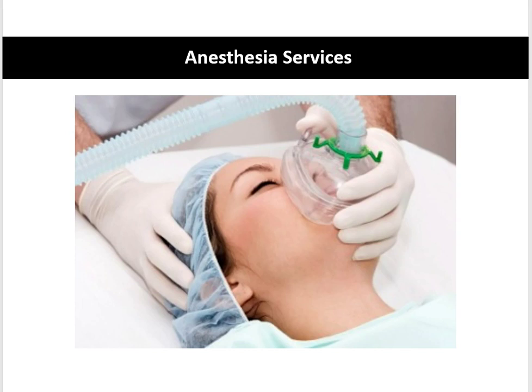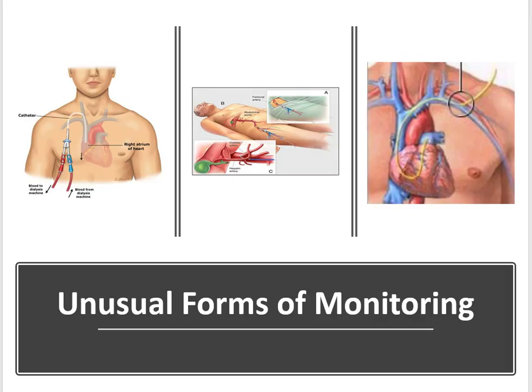Now, something that is important to note, there are situations where the patient needs to have unusual forms of monitoring. Those unusual forms of monitoring, such as intra-arterial, central venous, and Swan-Ganz, are actually not included in the CPT anesthesia sections.